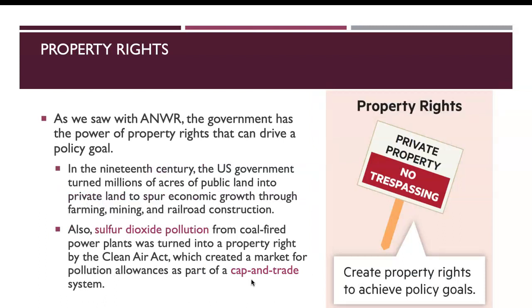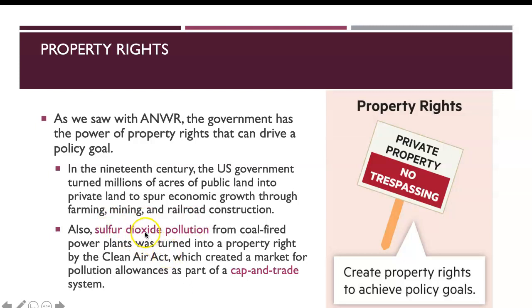Property rights. As we saw with the Arctic National Wildlife Refuge, the government has the power of property rights that can drive a policy goal. For example, in the 19th century, the government turned millions of acres of public land into private land to spur economic growth through farming, mining, and railroad construction.